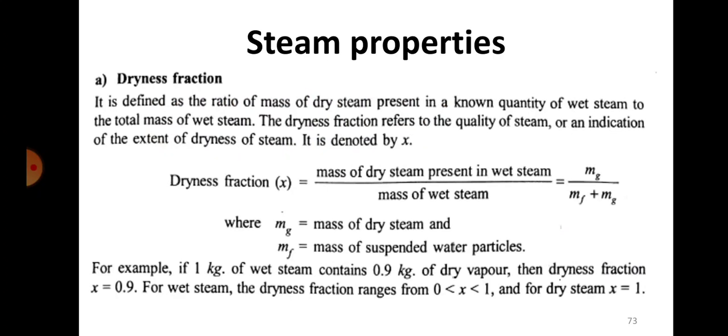So how do you measure the dryness fraction? It is the mass of the dry steam divided by the total mass of the steam. So mass of dry steam, I will take it as mg, divided by the total mass of the steam, that is mg plus mf, where mf is the mass of the water particles. For example, let's say 1 kg is the mass of the total wet steam.